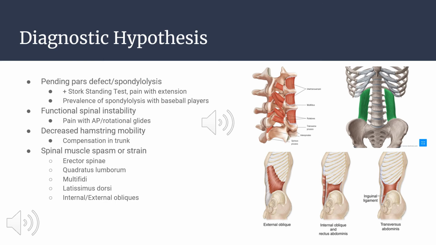Diagnostic hypothesis. So considering all of the things we have gone through so far with my case study, it is possible that although it wasn't identified on imaging right now, he could have a pending pars defect or something that, if it's not treated now, could lead to spondylolisthesis or spondylolysis, which would be very unfortunate.